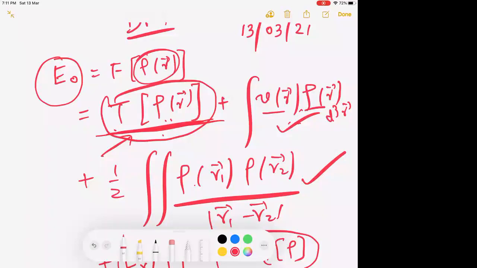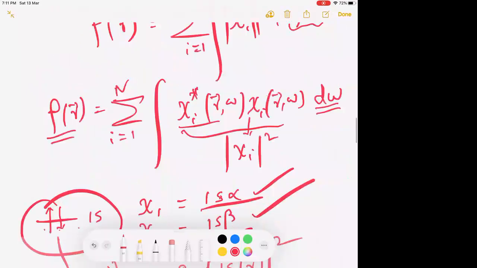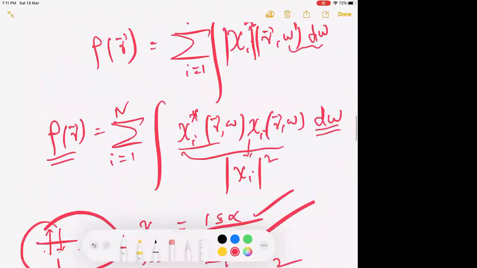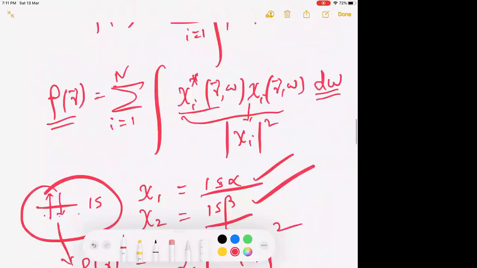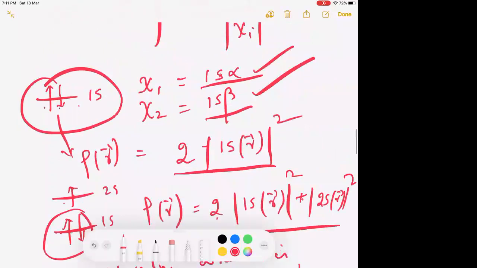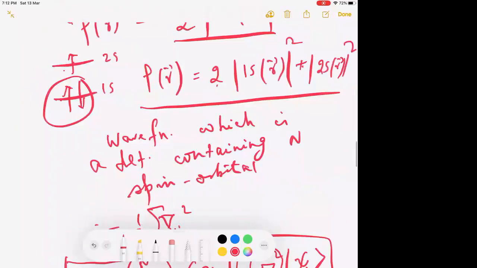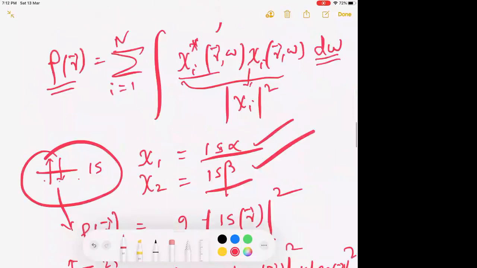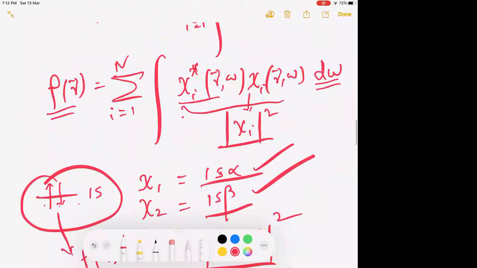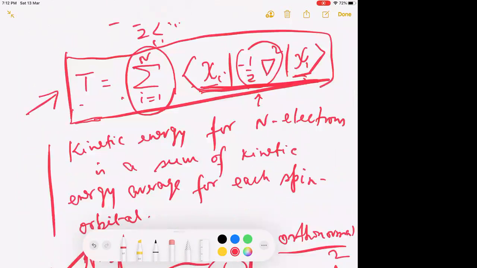But I know how density can be related to the n spin orbitals. Still, I cannot write these, although I know that the kinetic energy is a sum of the individual orbital kinetic energies, and density is a sum of the orbitals squared, integrated over spin. I cannot write this expression in terms of the density because there is a Laplacian here.